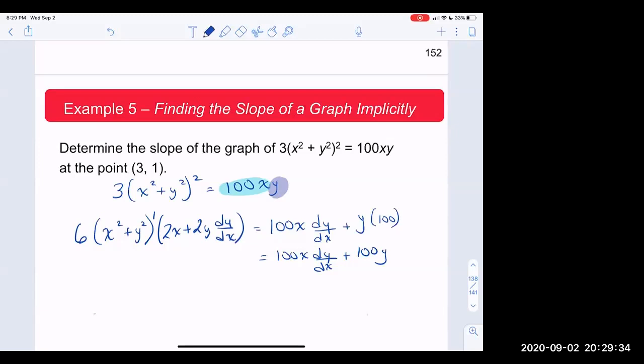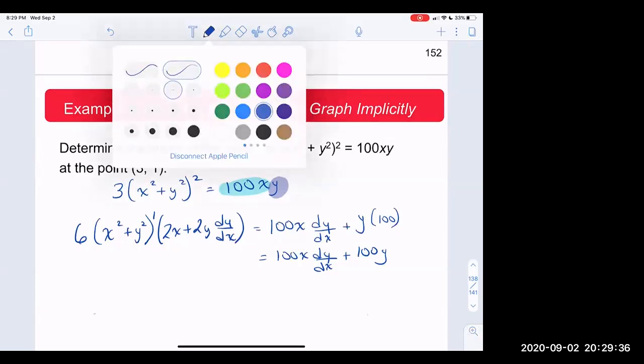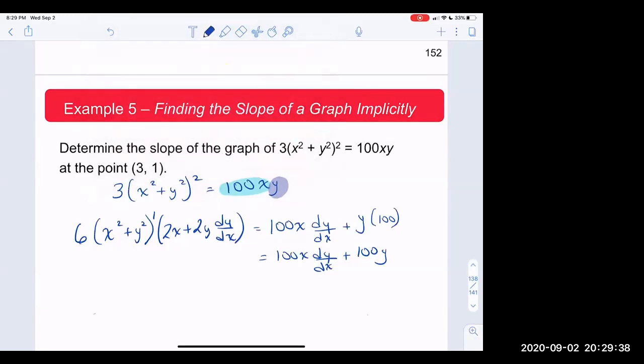So now we have to mess with this left-hand side. I'm going to FOIL everything out because I've got to get it into terms, right? So I'm going to do these two first and then multiply everything by 6. That's the way I thought I'd do it. You might want to multiply the first one by 6 and then FOIL it out. Your choice. Doesn't matter to me.